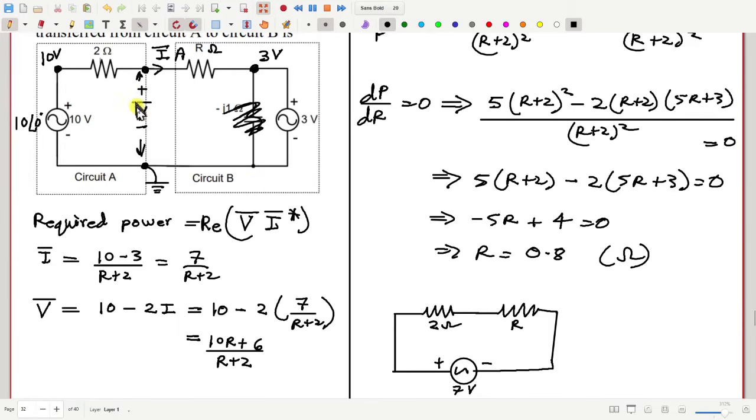But we want to find the power going from circuit A to circuit B. If we merge them, we cannot tell any longer what is going from part A to part B, because they are already merged. We should find maximum power in the circuit B itself.